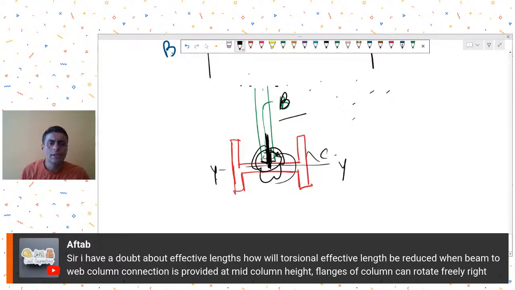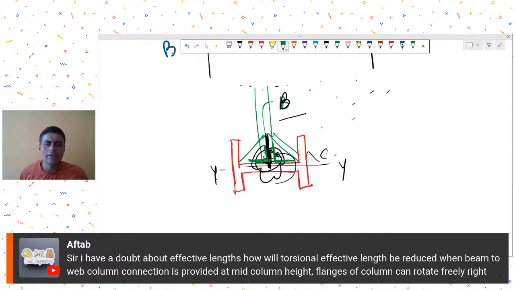Generally, wherever we provide these beam column connections, we have some other systems also, like sometimes we provide flange braces, or the cleats that we provide also give resistance against torsional twisting of this column.